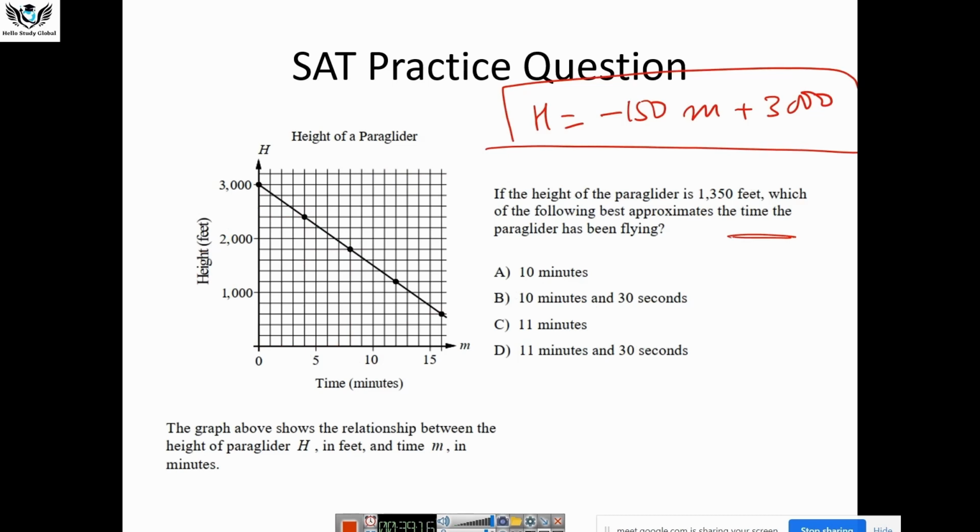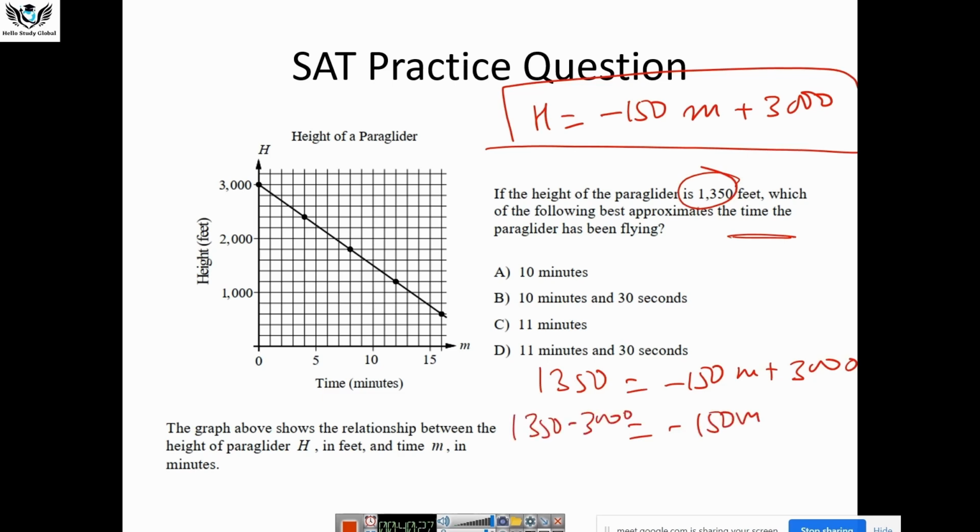Use this to find the value of m. The value of H has been given as 1350. Just put the value of H over here. 1350 is equal to minus 150 m plus 3000. What would be the value of m, guys? So minus 150 m would be equal to 1350 minus 3000, and then m would be 1350 minus 3000 upon minus 150.